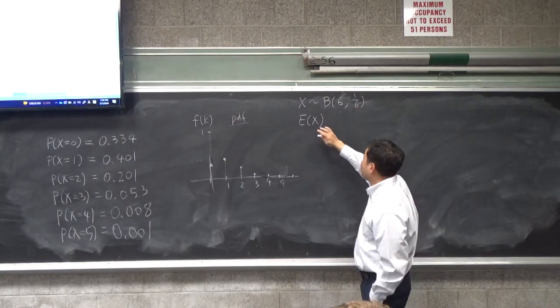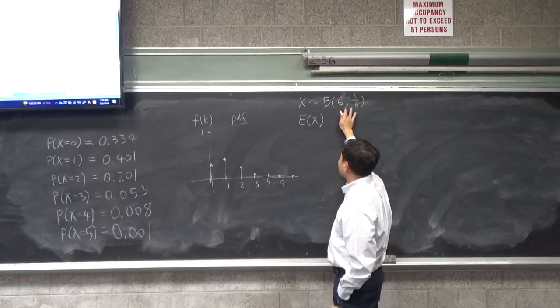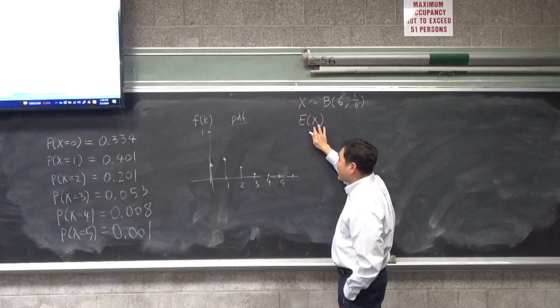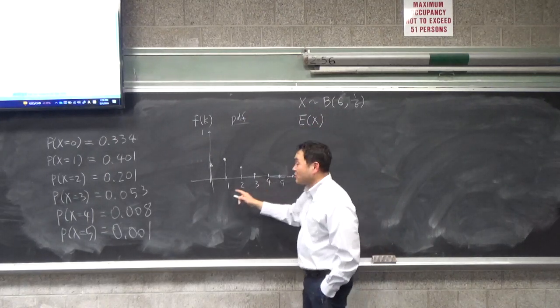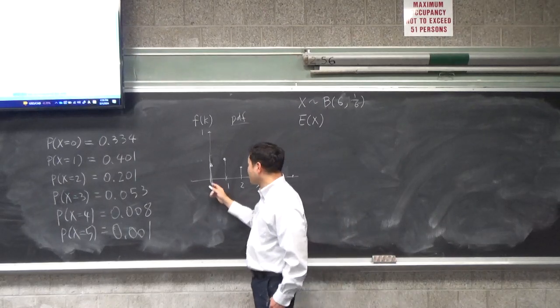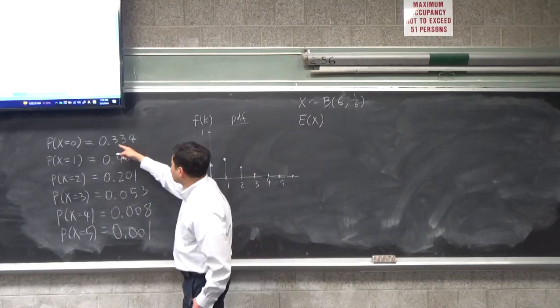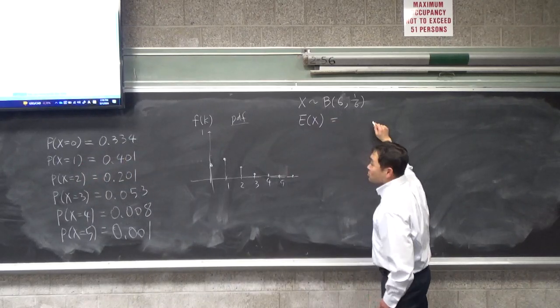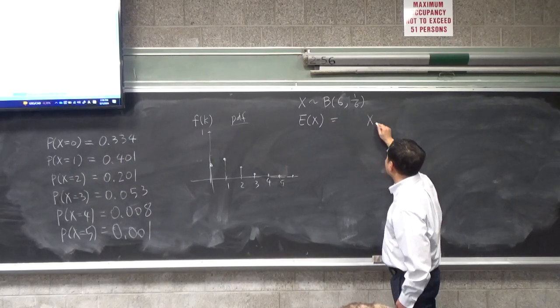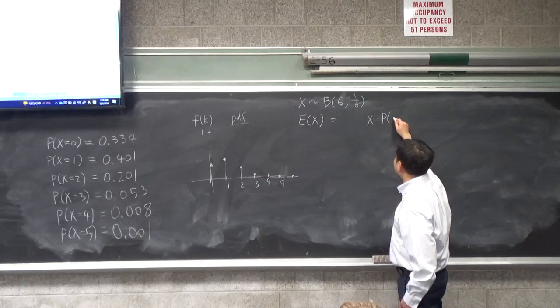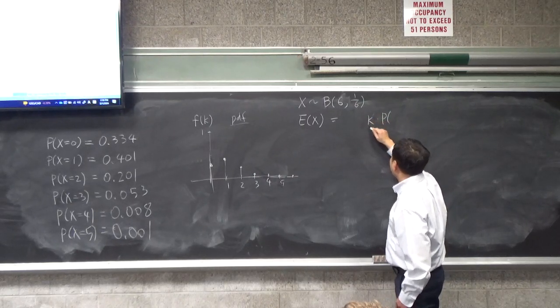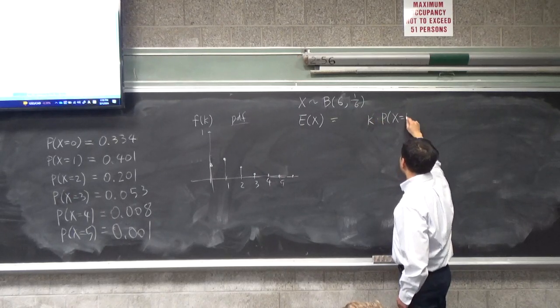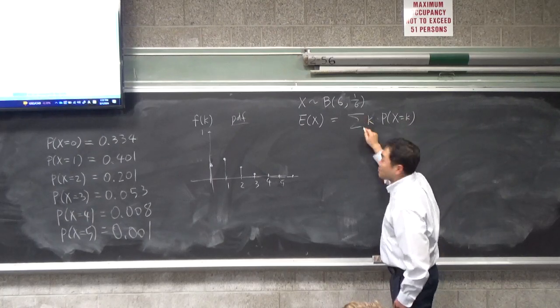And if x follows that, then if you actually calculate E of x, the expectation value, I explained that it's defined as you take the value of x and multiply by the probability, k times P of x equals k, and you add them up.